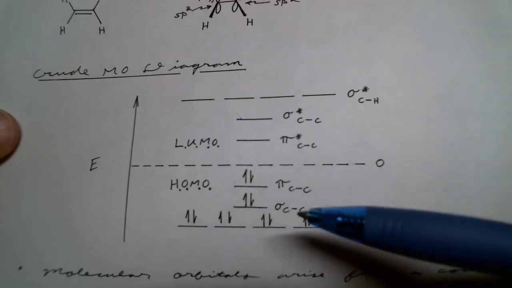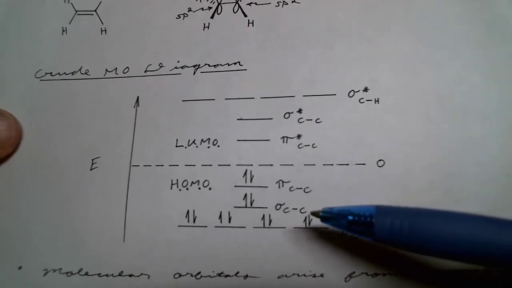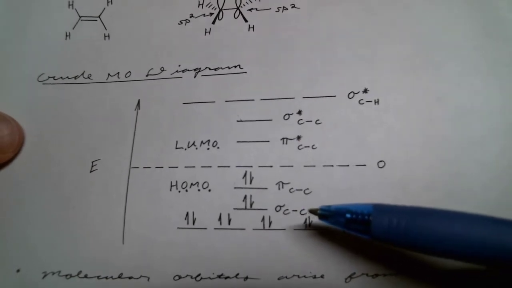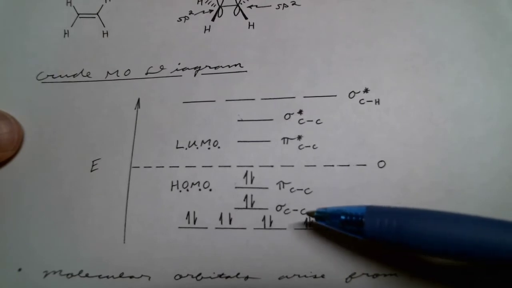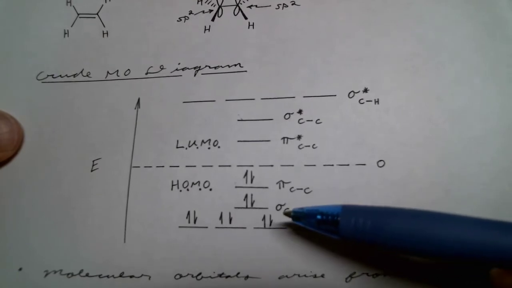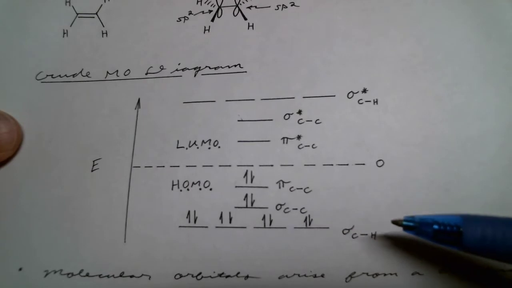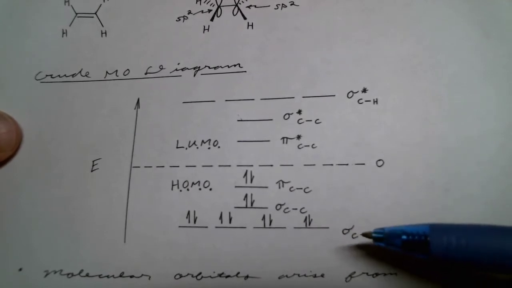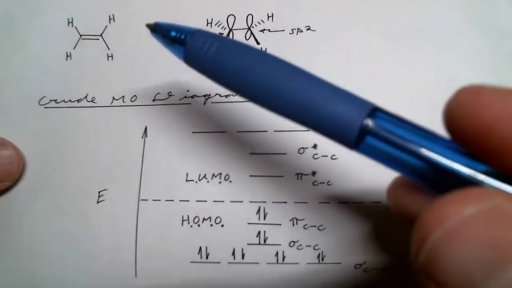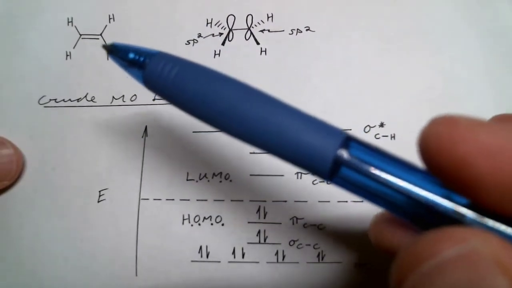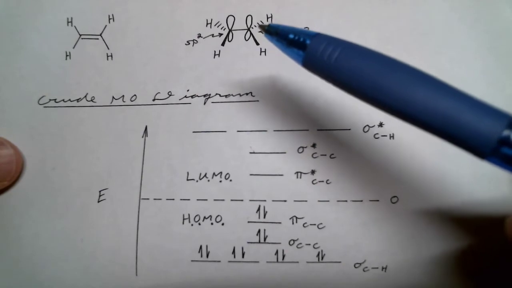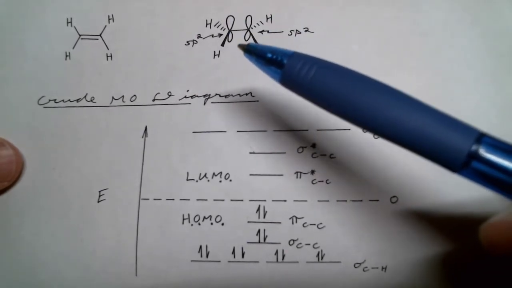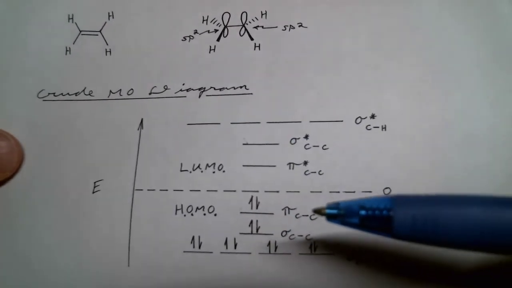And that energy combination is going to be lower than, say, our sigma carbon-carbon molecular orbital, which is composed of a carbon sp2 overlapping with another carbon sp2. So sp2 is a little higher in energy than an sp2-1s combination. And of course, I think we all agreed that our pi bond was formed by 2 p orbitals that are left over on each carbon, right, to interact with each other and give us our pi bond.